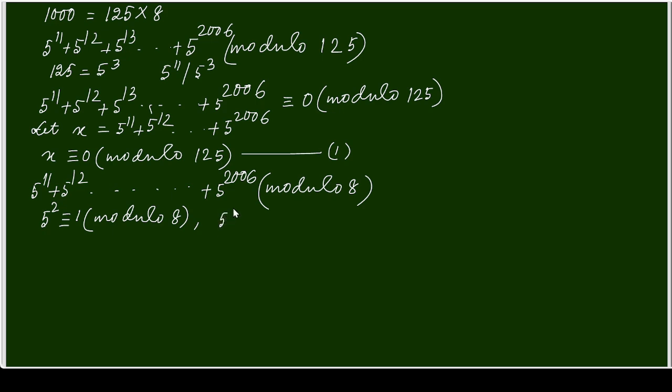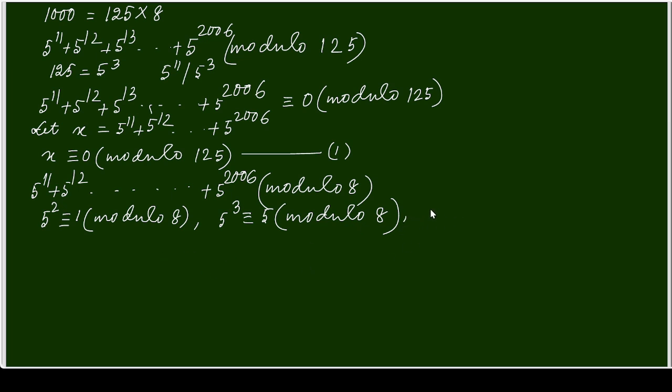But 5 cubed, which is 125, leaves remainder 5 when divided by 8. Or we apply 5 squared into 5, so 1 into 5, that will be 5.